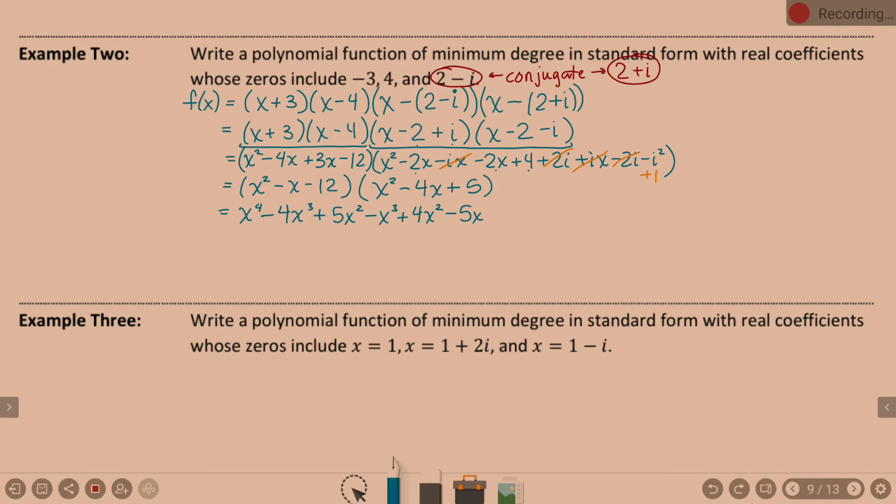Sorry, I probably should have given you a warning about the space requirements on this one. And now I'm going to distribute my minus 12: minus 12x squared plus 48x minus 60. Final step. Clean up.